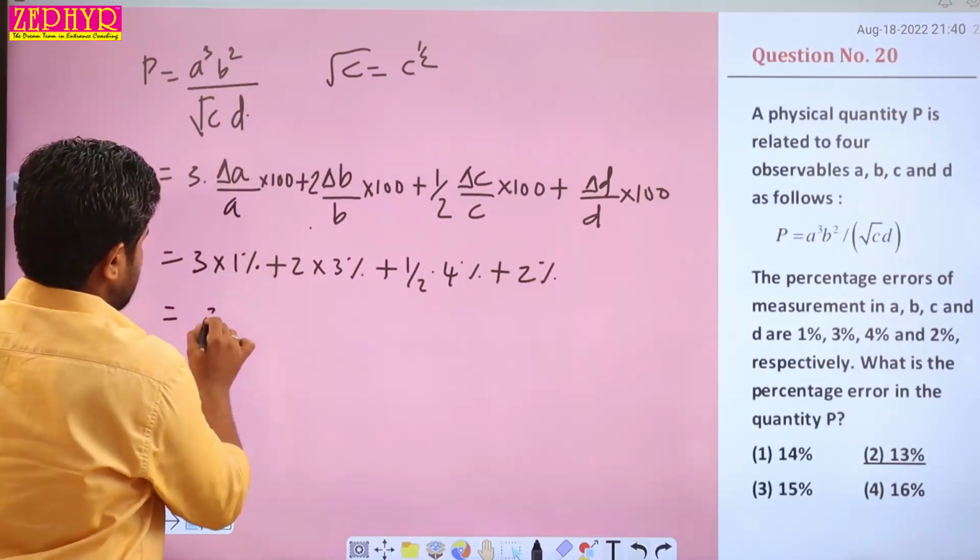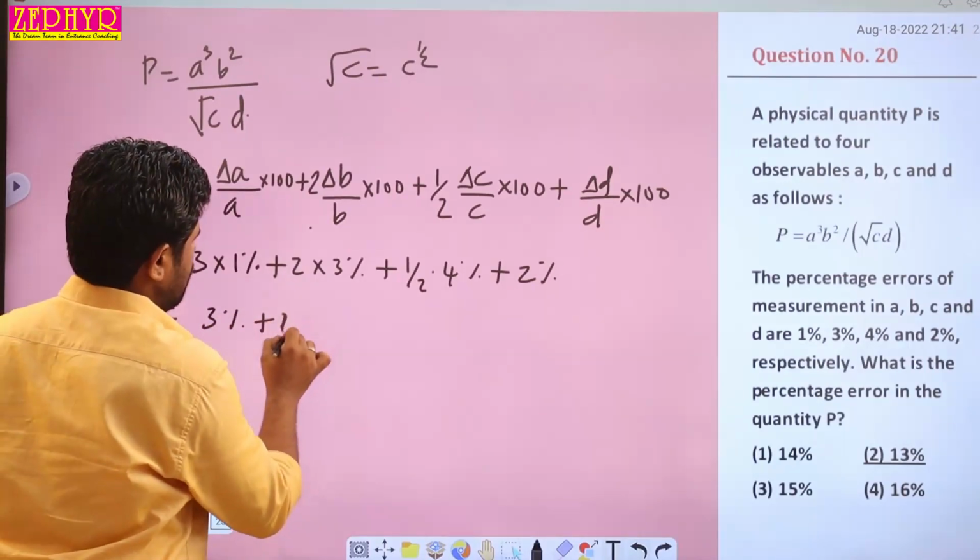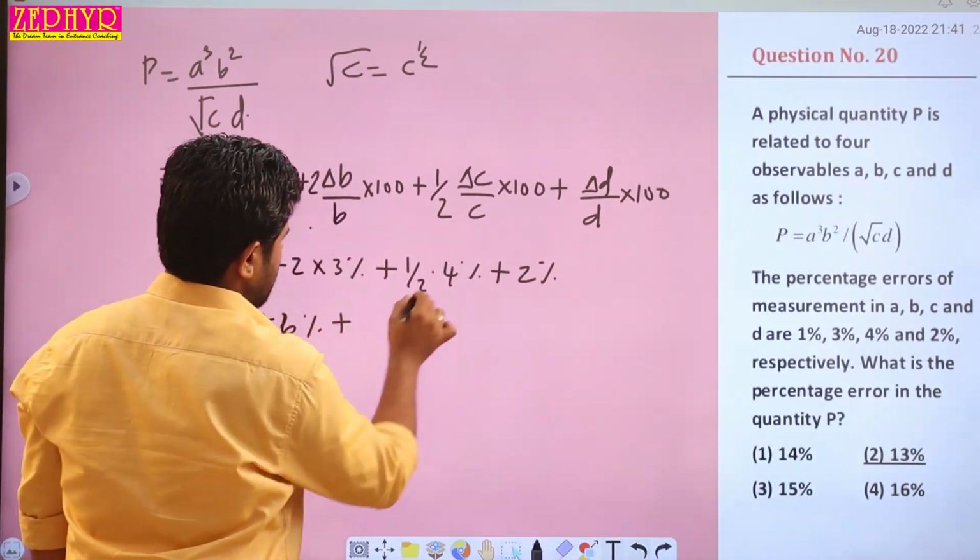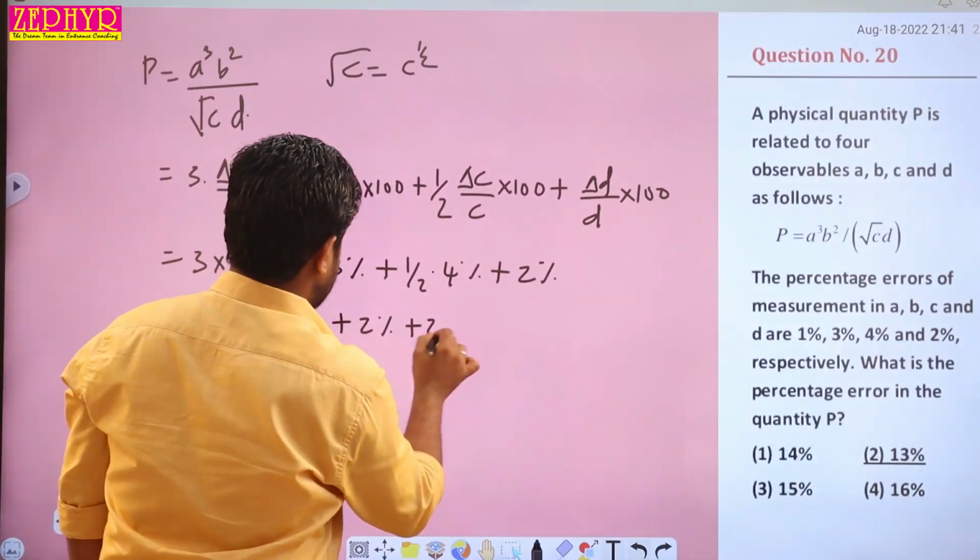So now it is equal to 3 percentage plus 2 into 3, 6 percentage plus 2 percentage plus 2 percentage.